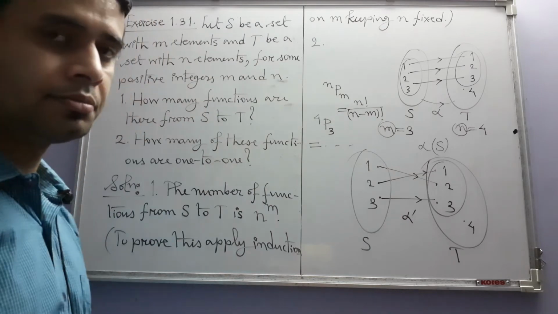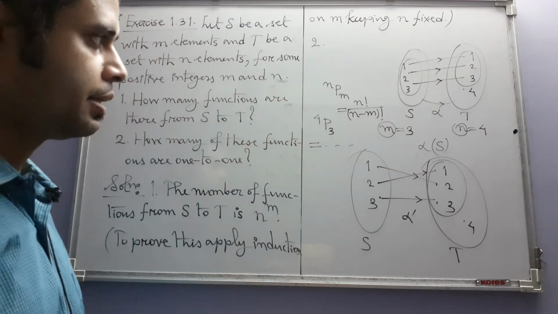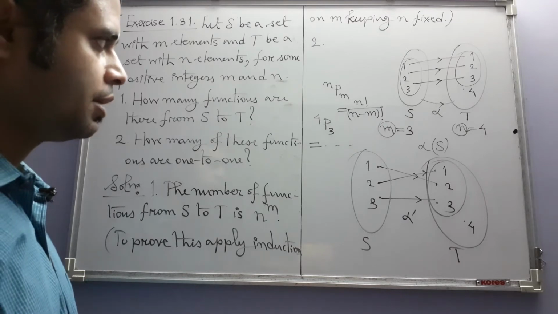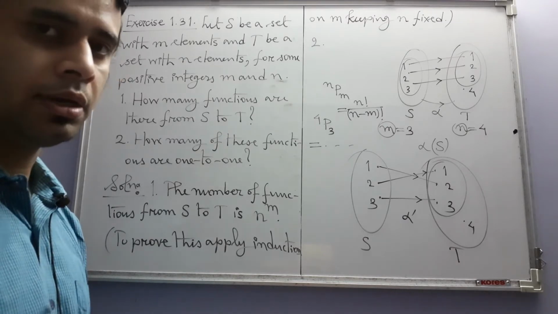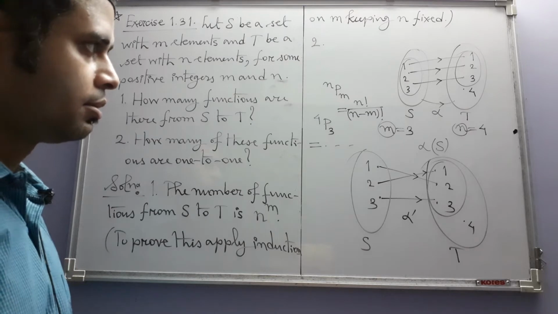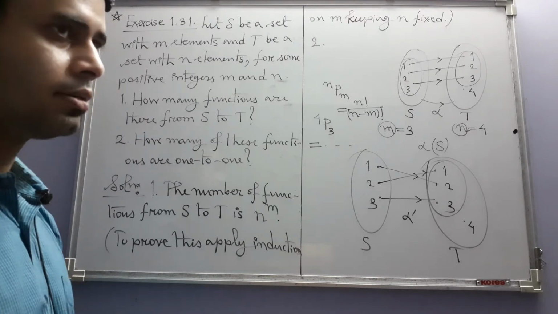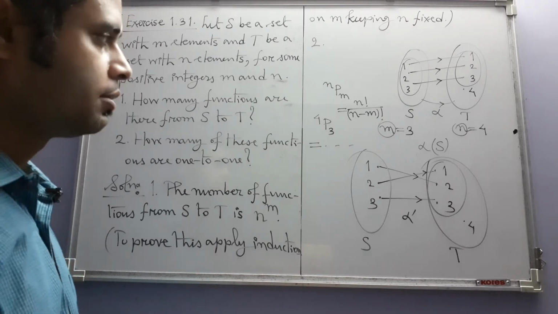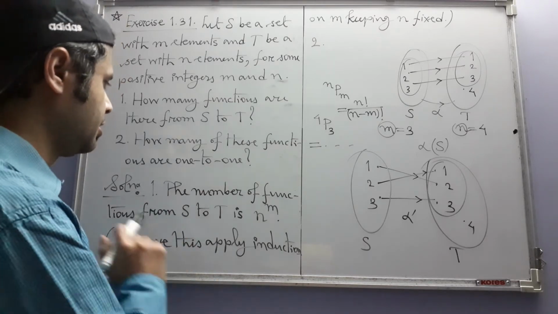Is that it? Actually, this is not the entire story, because we have not been given any restriction on m and n, or how they are related, which one is greater, which one is smaller. Nothing like that has been said.